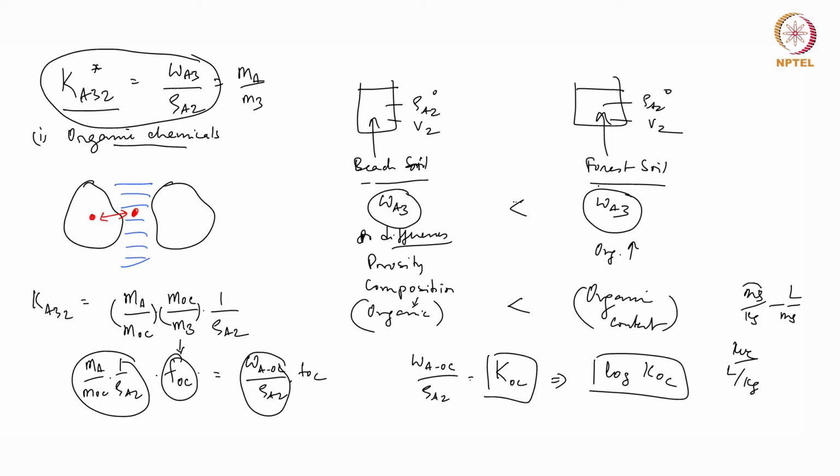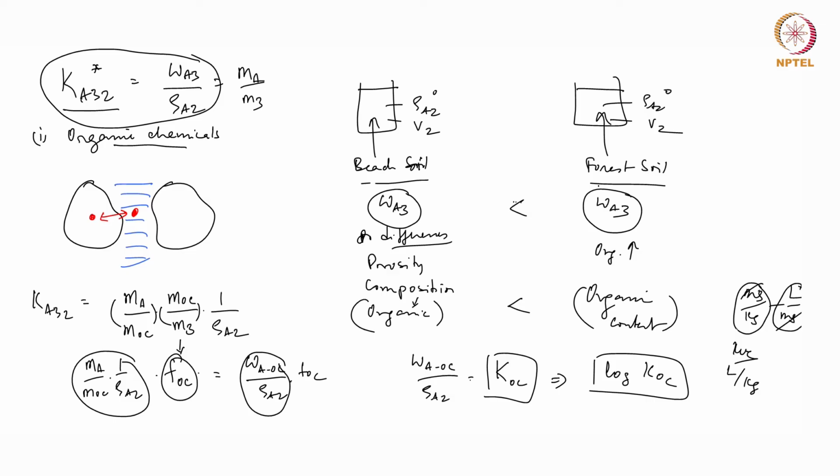This is the concentration unit of any chemical on solid, and this is the concentration unit of chemical in water. So you cancel this, and you get liters per kilogram. That is the convention.